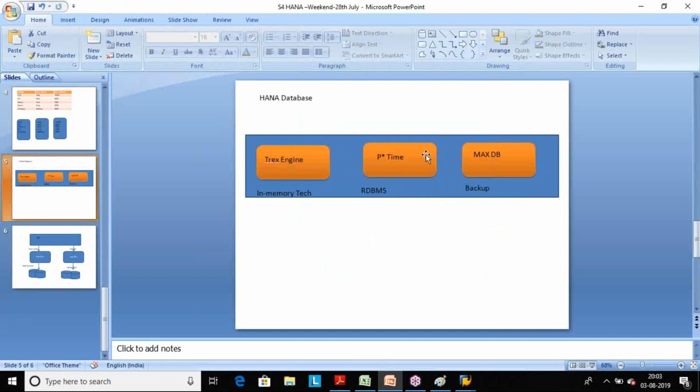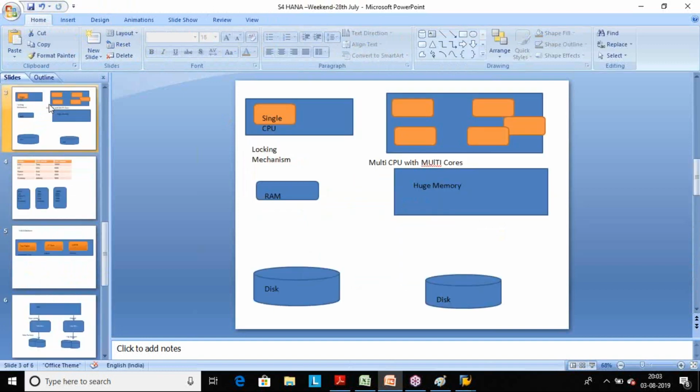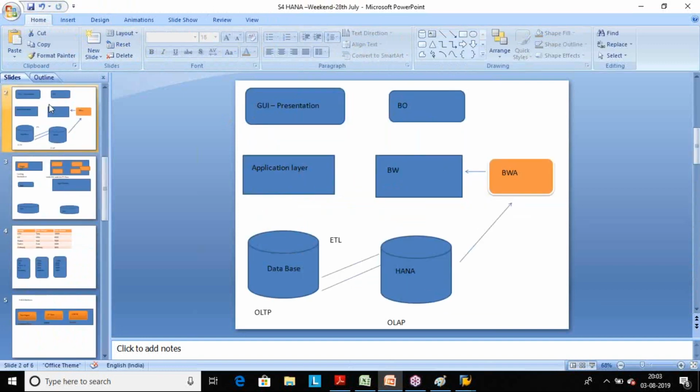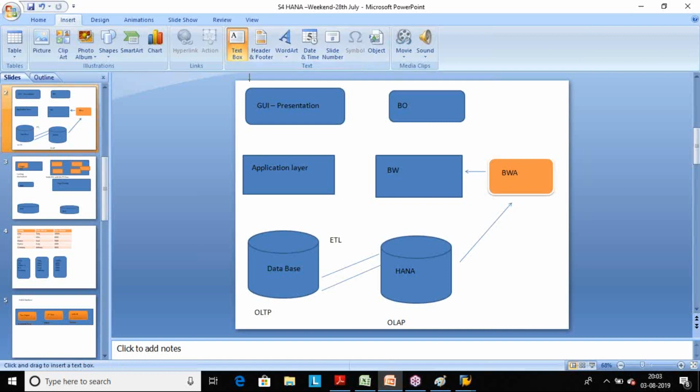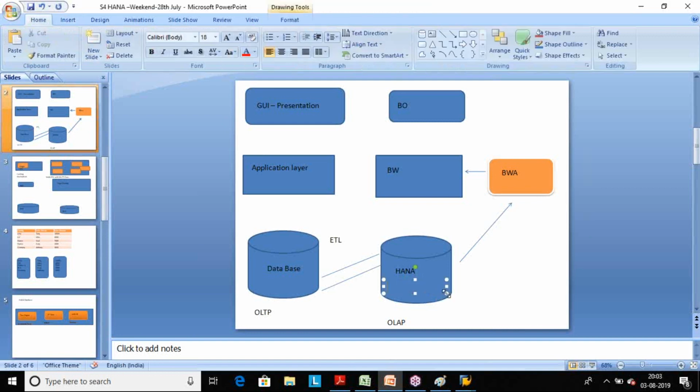So this is the backup system. With all this, SAP finally introduced the HANA system. That means instead of using any other database, now we can use HANA as your primary database.